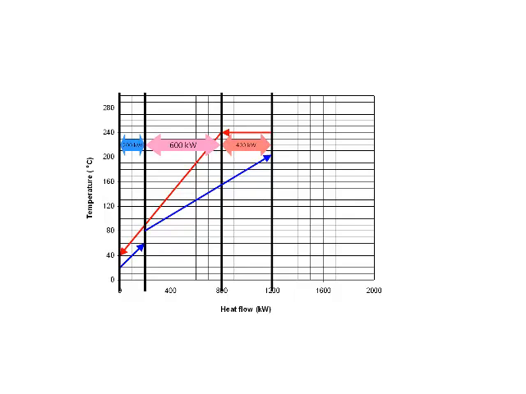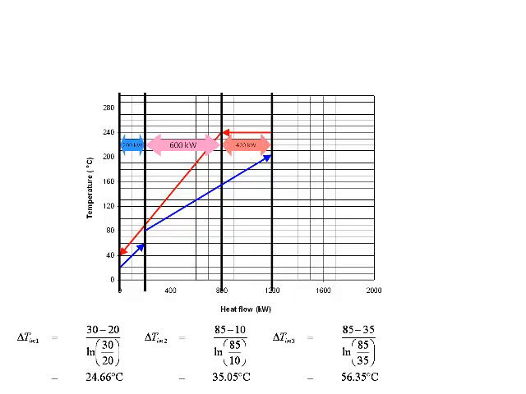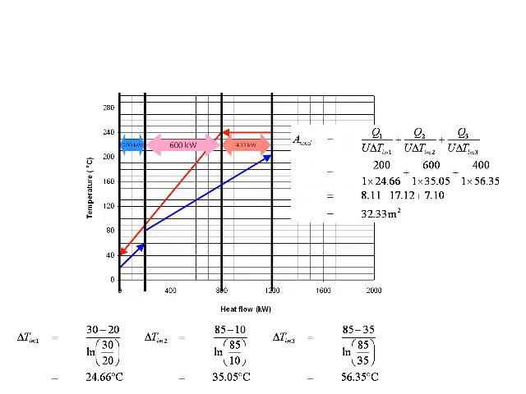Once again, dividing our system into the 3 heat exchangers, we can calculate the corresponding log mean temperature differences. We can calculate the areas of our 3 heat exchangers now. And now these areas are adding up to 32.33 meters squared. So now our heat exchangers are getting quite a lot bigger in order to get this additional heat recovery, which is 600 kilowatts of heat recovery.